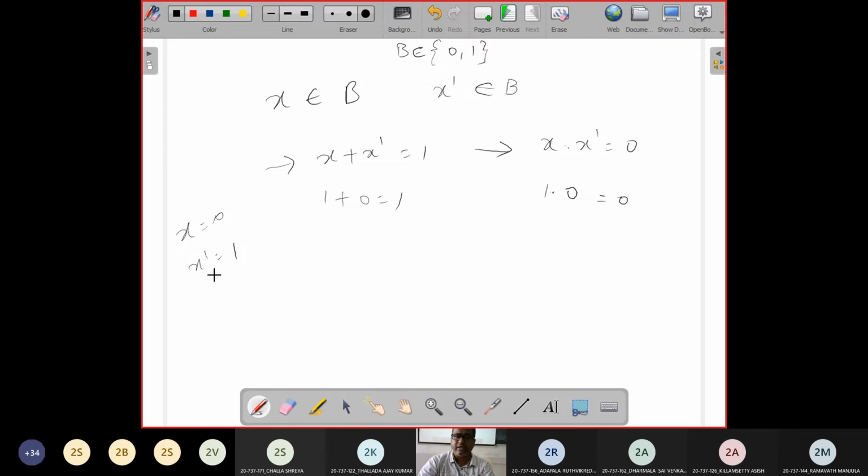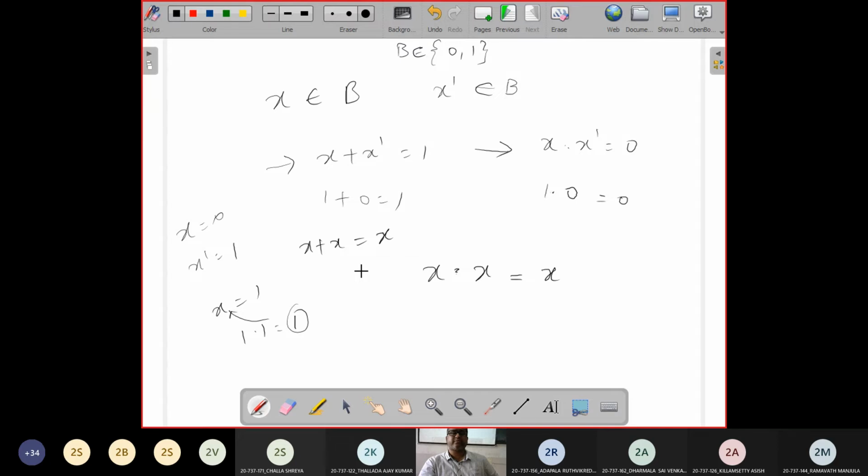Now, what happens if I do this operation, X ANDed with X? What will be this? Say for example, X is taking a value 1. So in that case, 1 ANDed with 1 is equal to 1, which is once again X. So I can write X dot X will always be equal to X. Now, similarly, take X plus X. What will this equal?